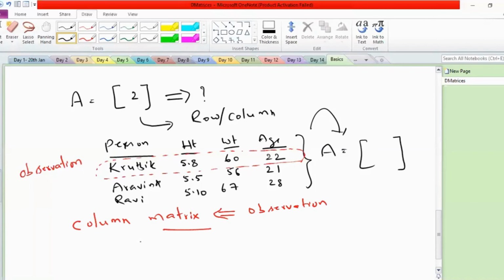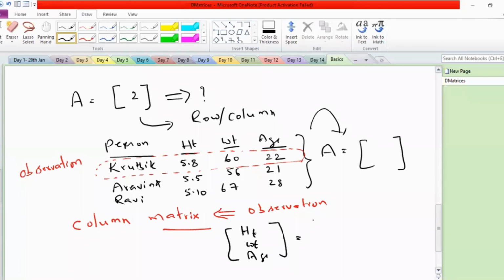That means for any given person, this is an observation, guys. And an observation is something that you always want to put in your column matrix. So how do I represent this? This is your height, weight, and age.